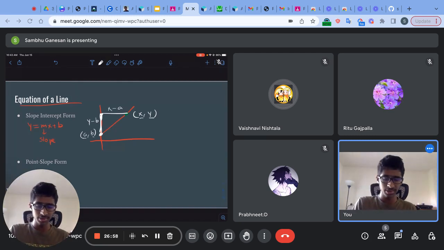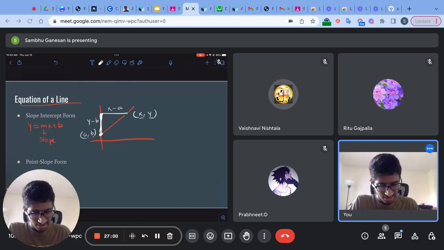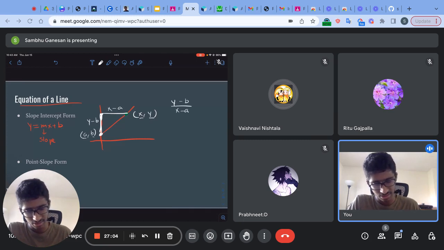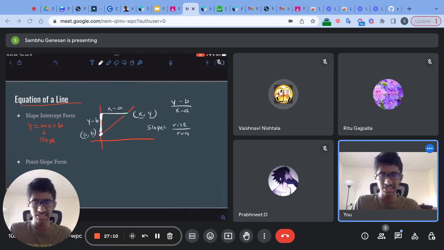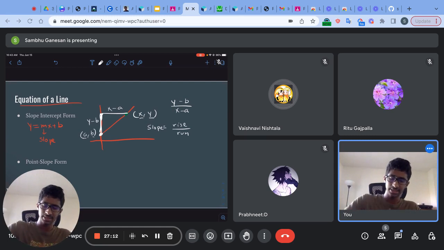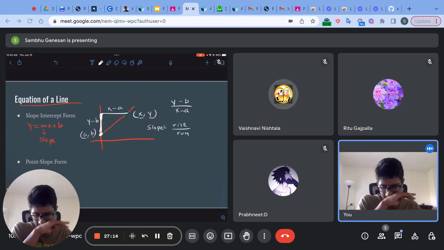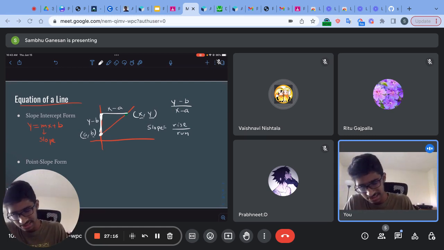So the slope is the rise over the run. That's basically all slope is. It just quantifies how steep a line is, and that is known as m right here.